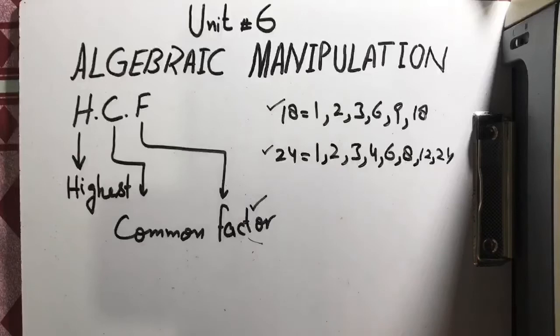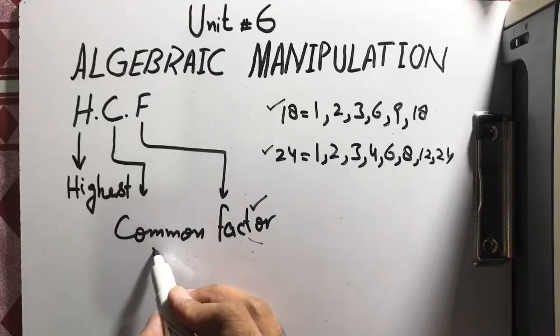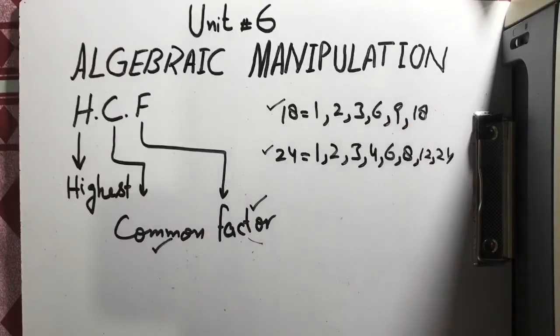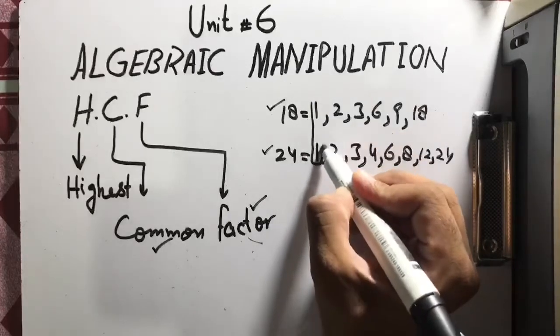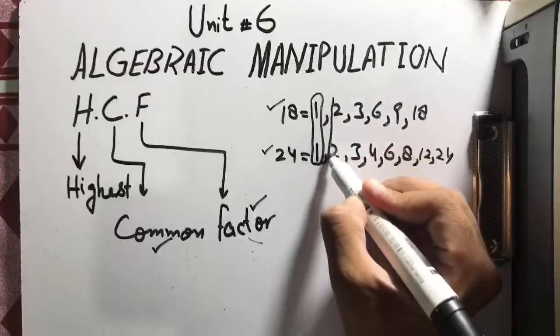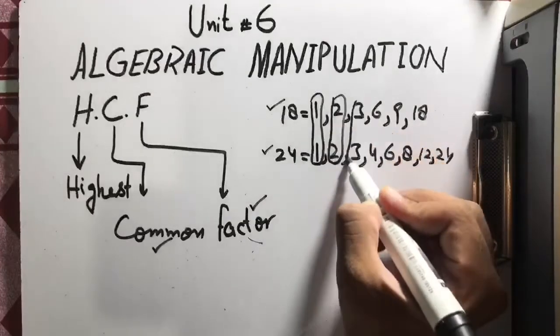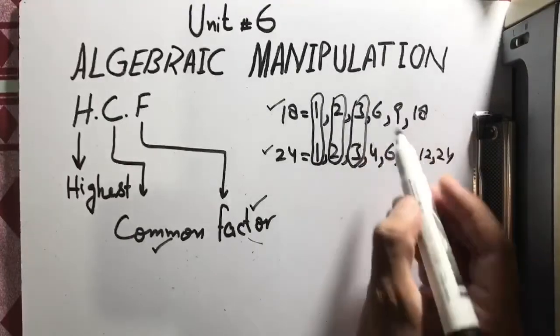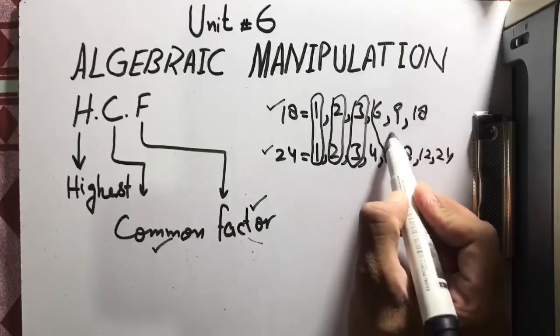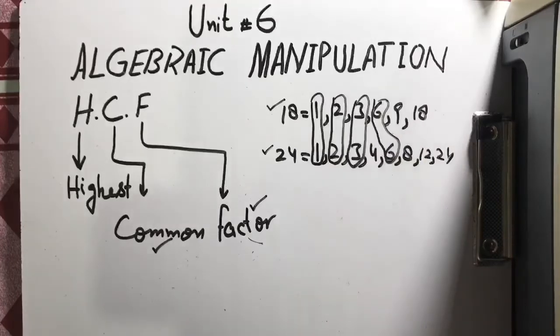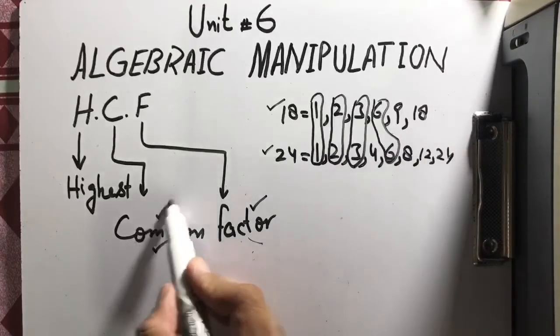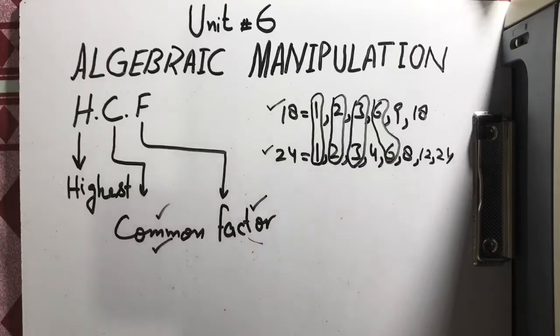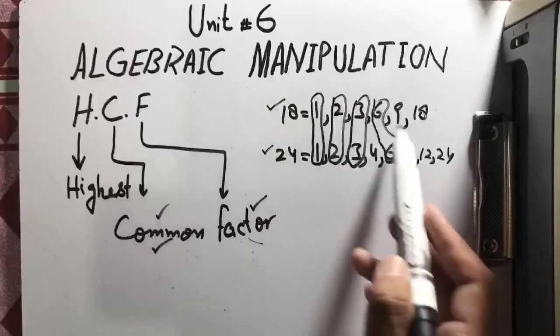This step is complete. Now we take common between these factors. You know that 1 is common, 2 is common, 3 is common, 6 is common and nothing more. So the second step is also completed. Now we take the highest between these common factors.